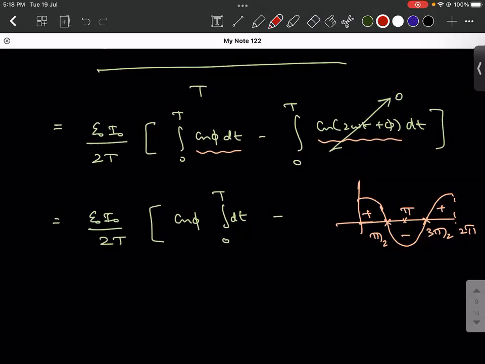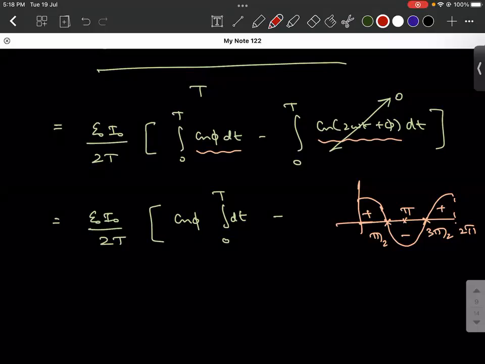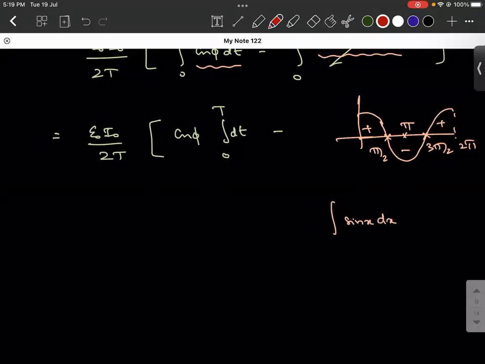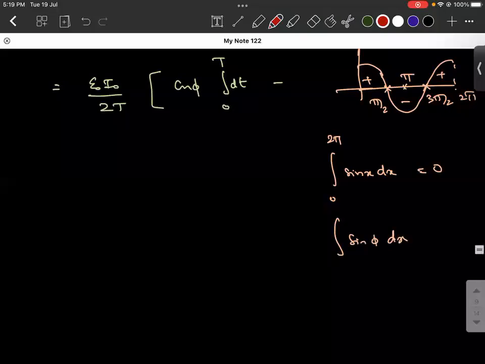What is extra in the second term? 2 omega t. So it is actually a function of time. Means the integral of sin x dx between 0 to 2 pi is 0, whereas the integral of sin phi dx between 0 to 2 pi is not equal to 0.